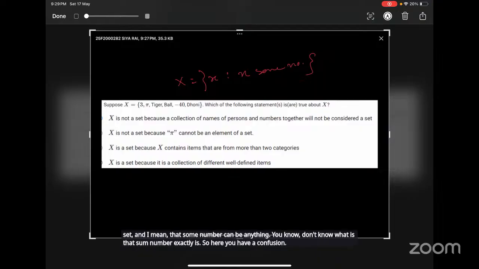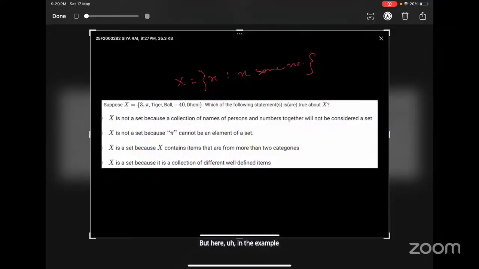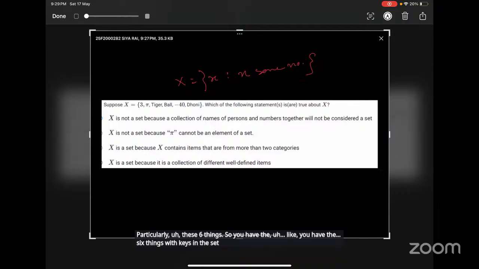But here in the example, they have defined the x. I mean, particularly these 6 things. So you have the 6 things which are in the set. Are you getting my point?